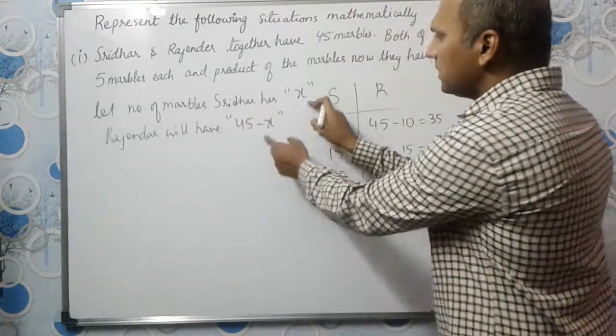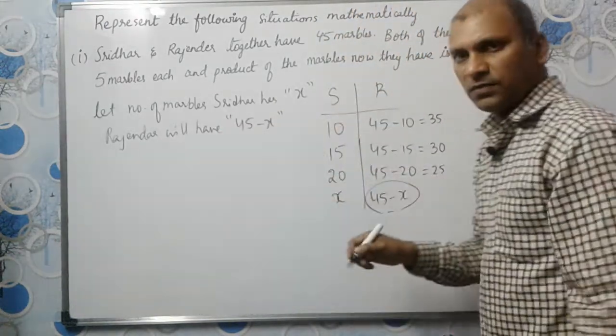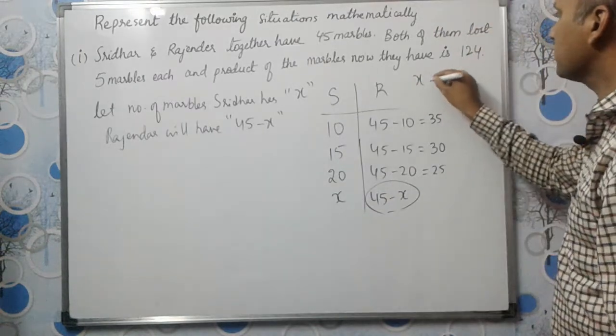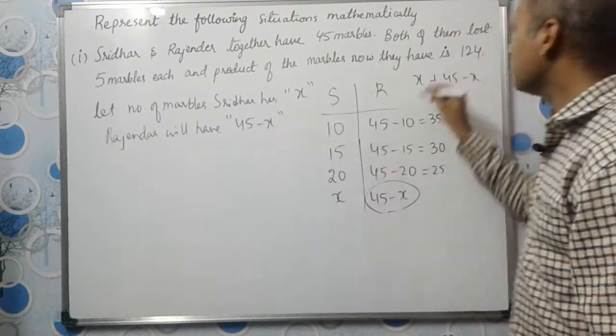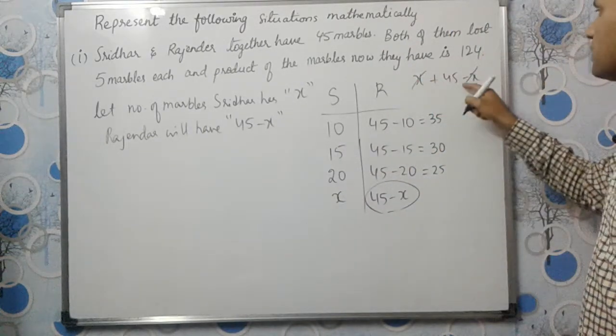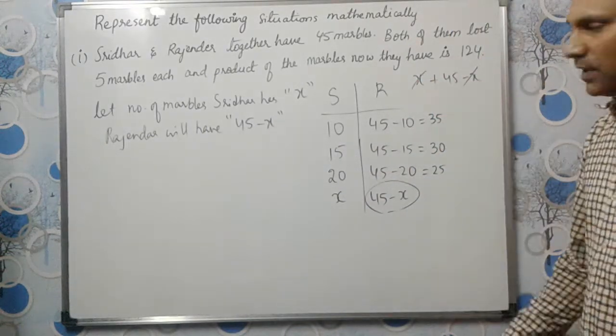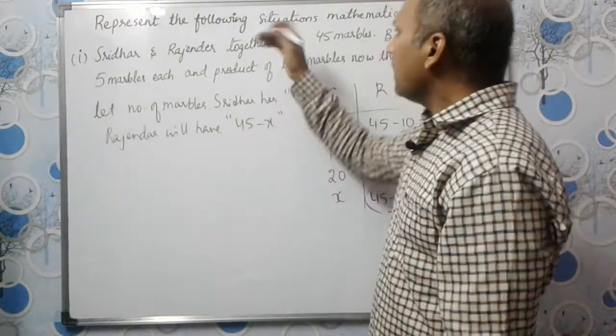Now see, if you add these two, we should have 45. Let us add x plus 45 minus x. We are adding his marbles and his marbles. So x minus x becomes 0, and we have 45.